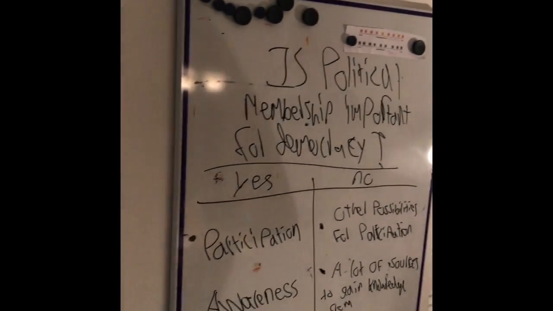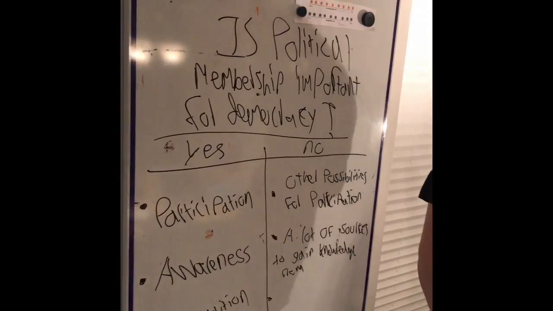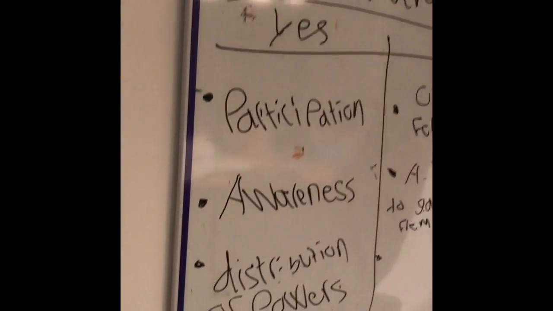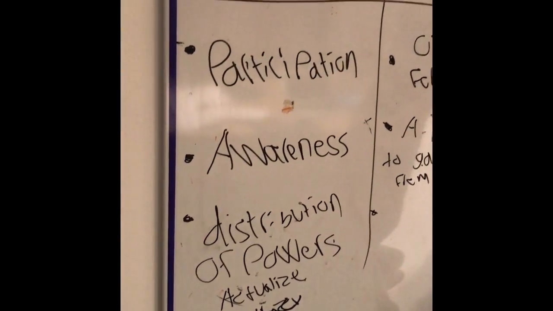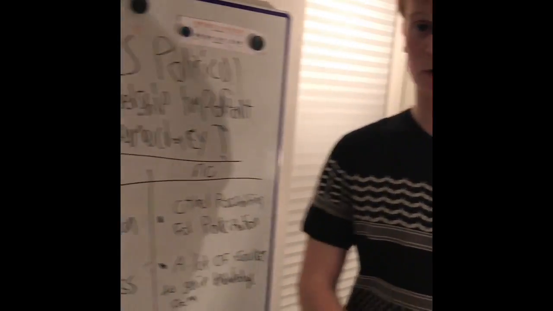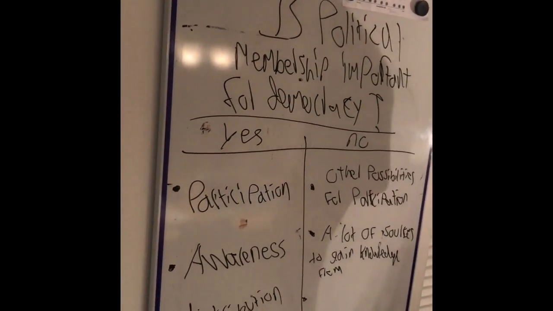Awareness is also very important. It is very important for the people to be informed, and they have to not just know but actually have an idea of what to do about problems, and what problems we could eventually face and which problems we're facing right now. Then moving down to the distribution of powers: the more members in the parties, the more the power would be distributed out to more people, which is also an essential part of democracy.